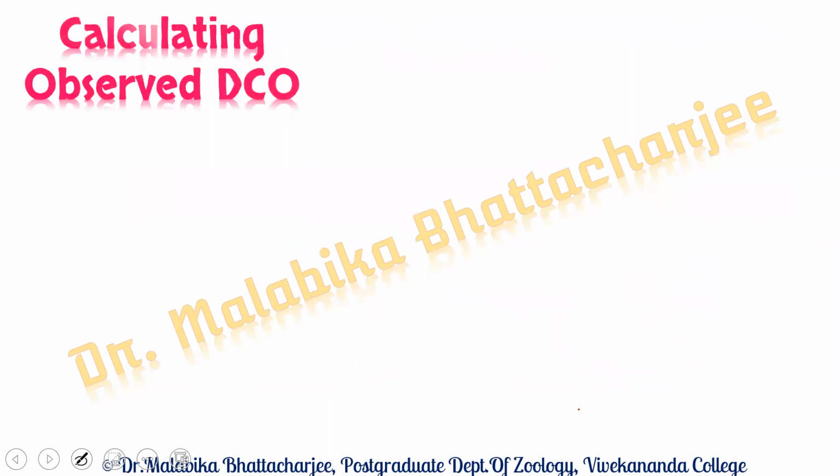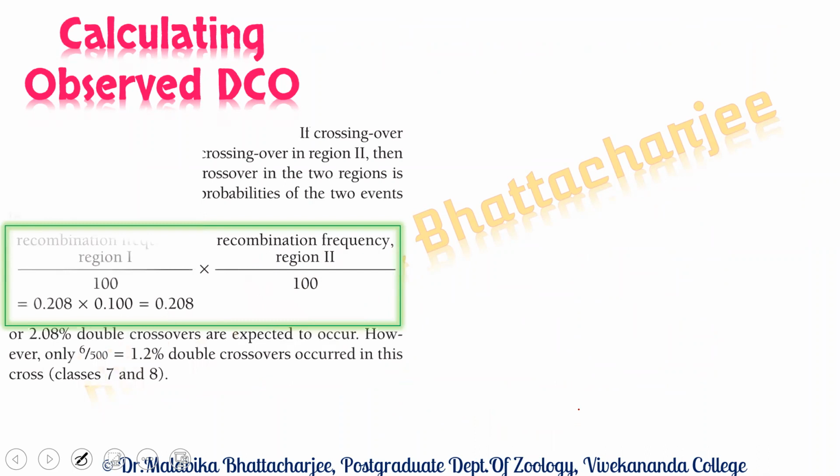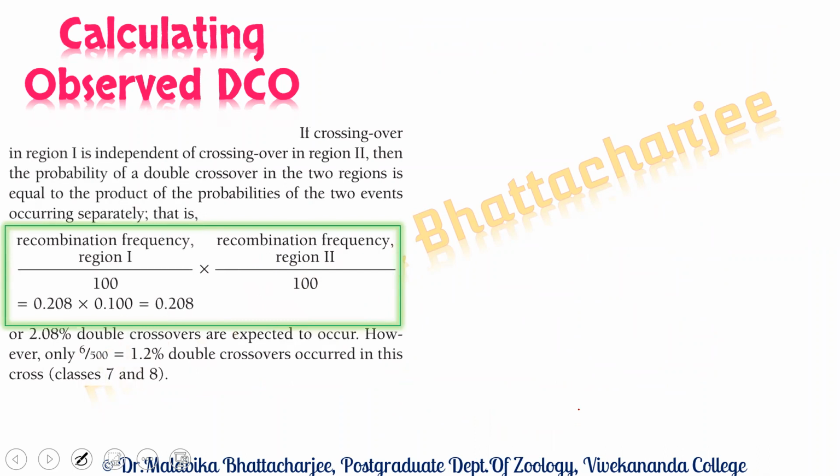And there is an addition to this part, that is that we have to calculate two values. One is the interference and the other is the coefficient of coincidence. Now, to calculate interference and coefficient of coincidence, we need another value which is referred to as the observed DCO.